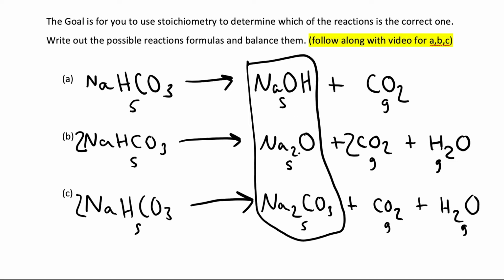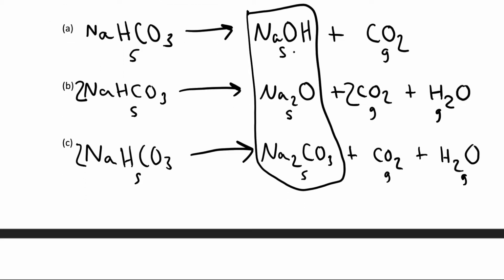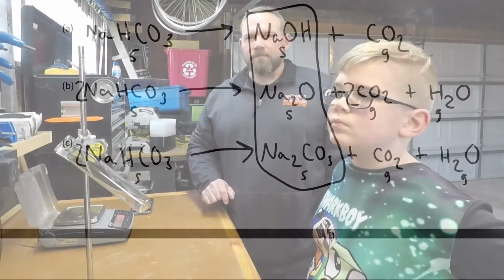Okay, and then whichever one matches up to our aftermass is going to be the correct equation. Okay, but you're going to need to work out possibly each one, right? So let's switch over to decomposing this baking soda and get measurements.